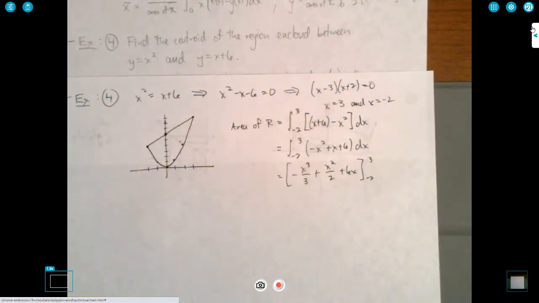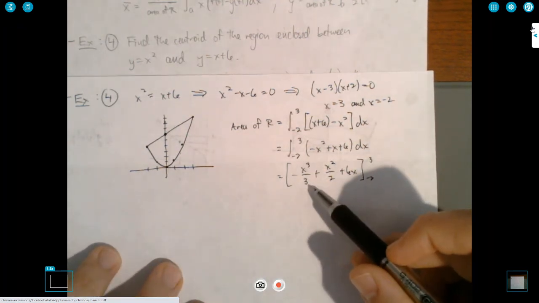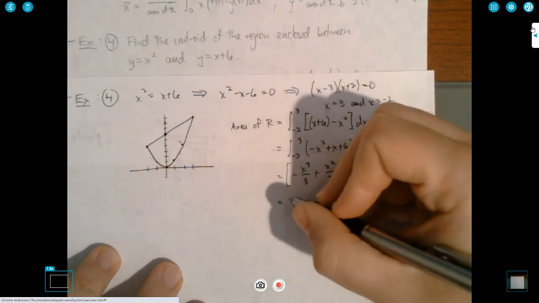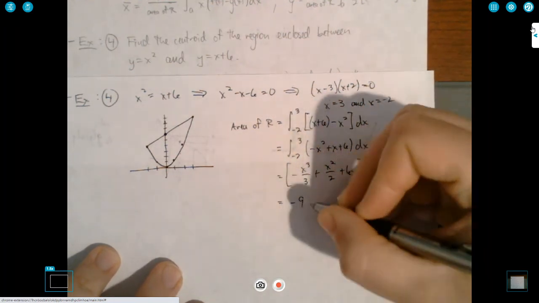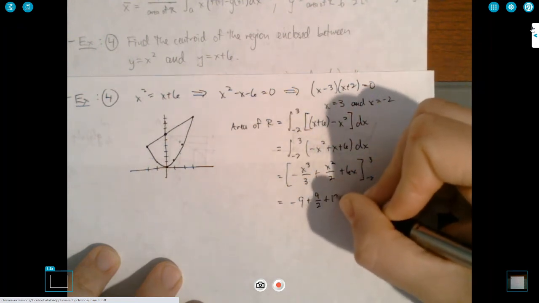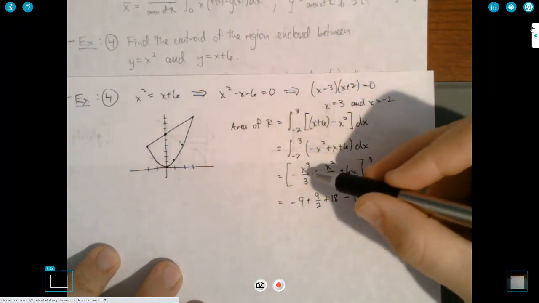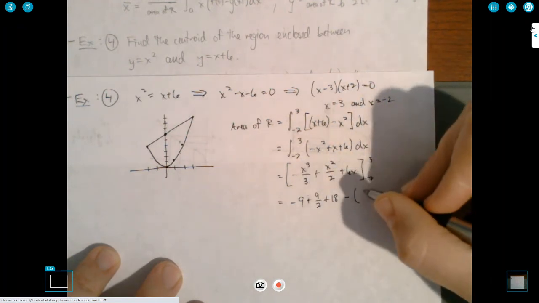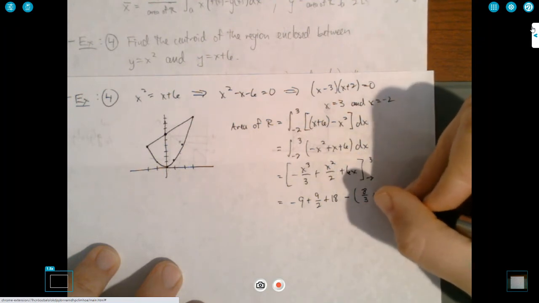I'm just going to use my calculator. Oh, my brain is maybe faster. 27 divided by 3 is 9, so we've got negative 9. 3 squared is 9 divided by 2 is 9 halves. And then plus 18. And then minus, that would be negative 8, positive 8, so 8 thirds. 4 divided by 2 is 2.